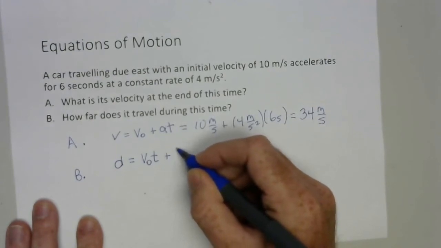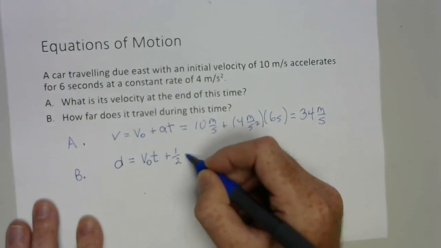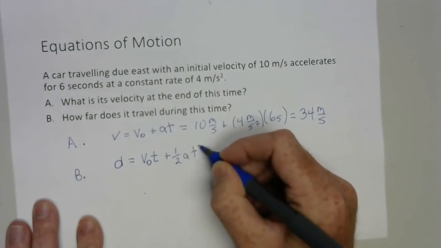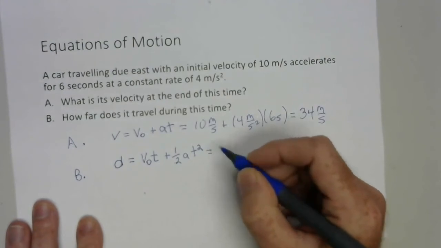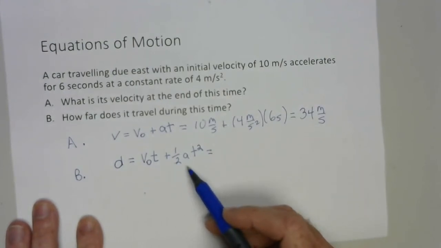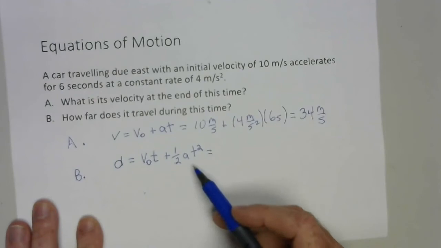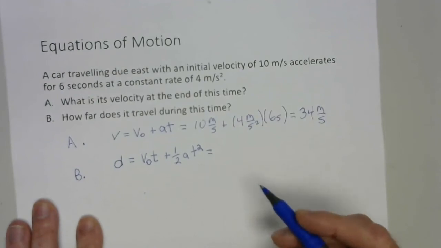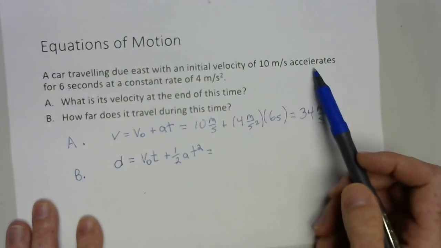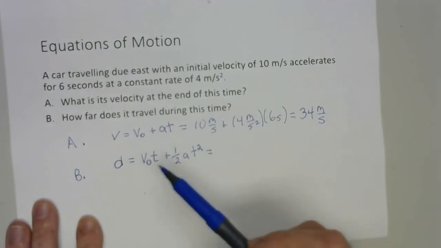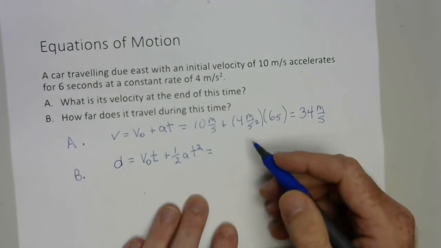So it's plus 1/2 at squared. And that gives us how much the distance will be bigger or smaller based on the acceleration. In this case, we're accelerating and so we should be speeding up, so that distance should get bigger.